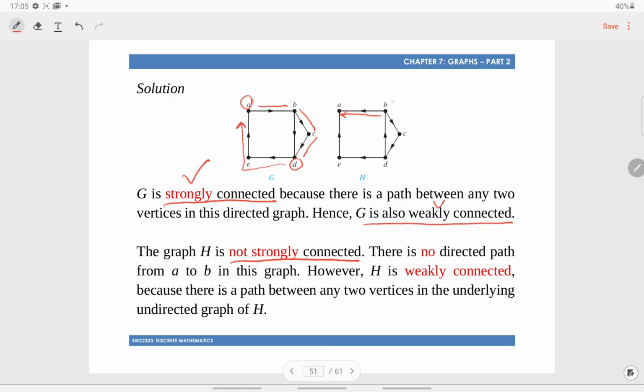But back from A to B, there is no path, because the direction of this edge is toward A. The direction of this edge also moves to A. So there is no way from A to B. There is a way from B to A, but there is no way from A to B. So we can say that the graph H is weakly connected, because there is a path between any two vertices in the underlying undirected graph of H.